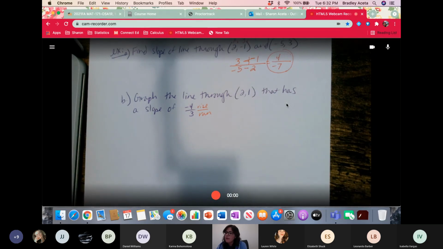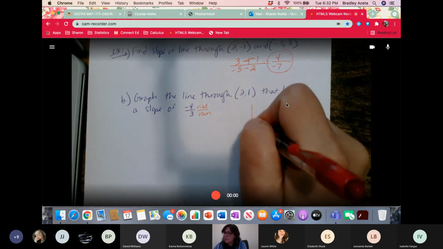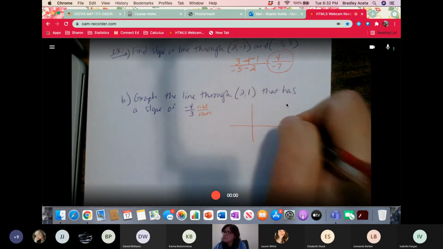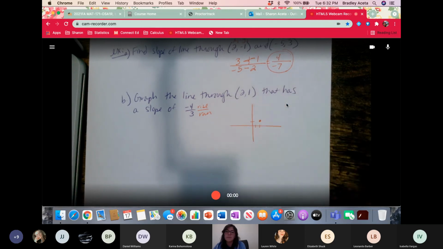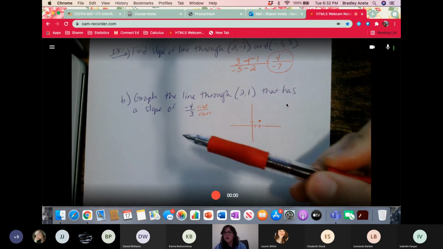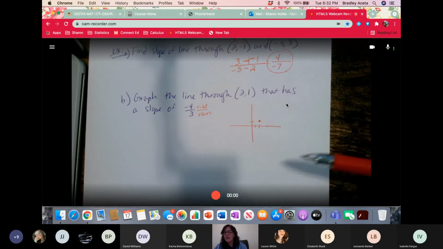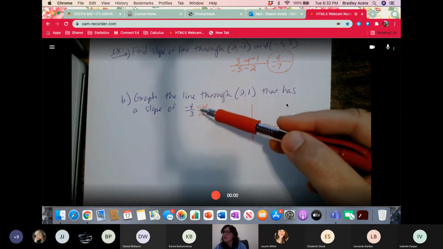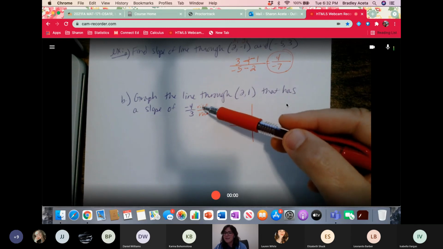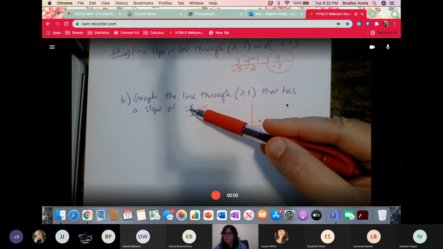So if I want to graph a line through the point 2, 1, I'm going to find the point 2, 1 and make a dot. And then I am going to go in the direction of my slope and create another dot when I rise and when I run. Now, here's the trick with this one. I'm rising negative 4.